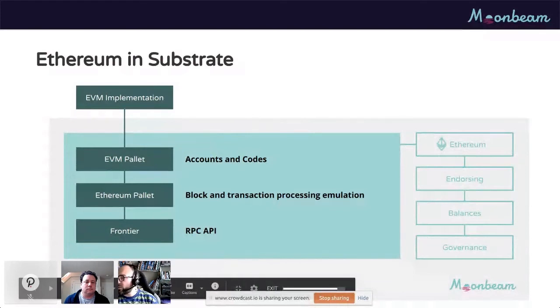In Moonbeam, we thought from the very beginning that Ethereum support is not only smart contract execution, but also opening this compatibility with existing dApps, tools, and workflows. That is where the Ethereum pallet and the Frontier project come into play.